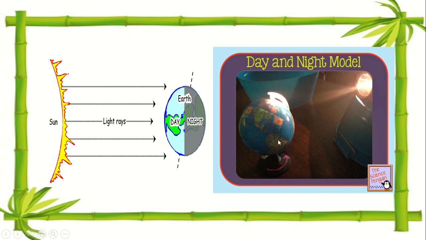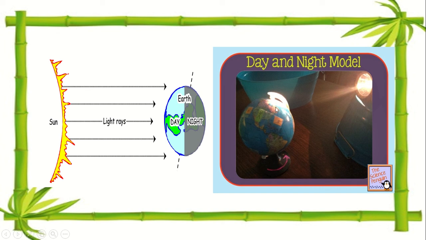Now look at the globe. Are all the directions of the globe illuminated equally? No. One side is illuminated and the other side is dark. You can certainly see that half of the globe is illuminated and the other half is dark.